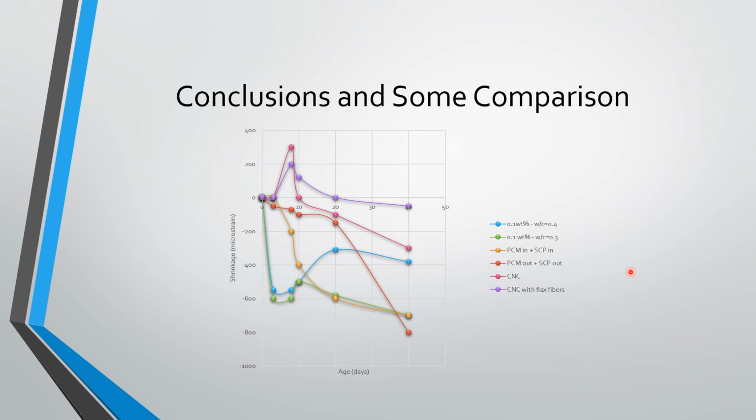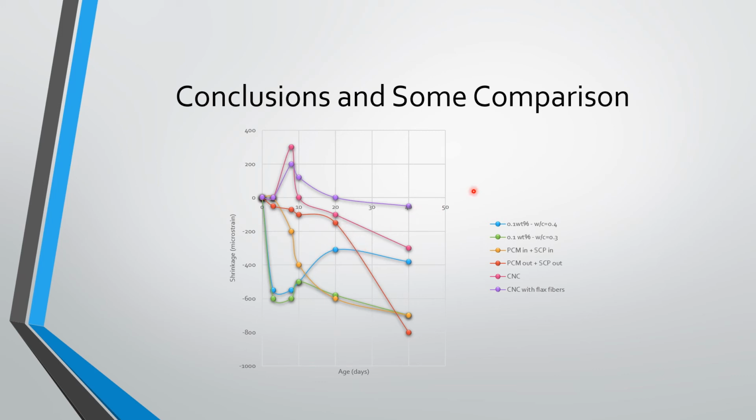This will be some conclusion and some quick comparison between these three researches. As I've just shown in the figure, we can take two shrinkage curves from the first research, the ones with water cement ratio equal to 0.3 and 0.4, that is the blue one and the red one.